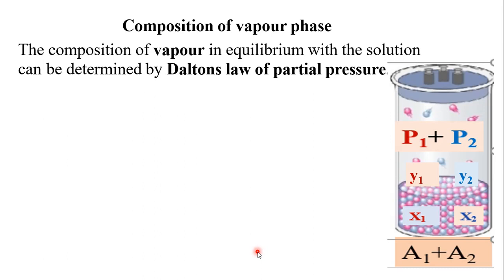That means the composition of vapors in equilibrium with the solution can be determined by Dalton's law of partial pressure.